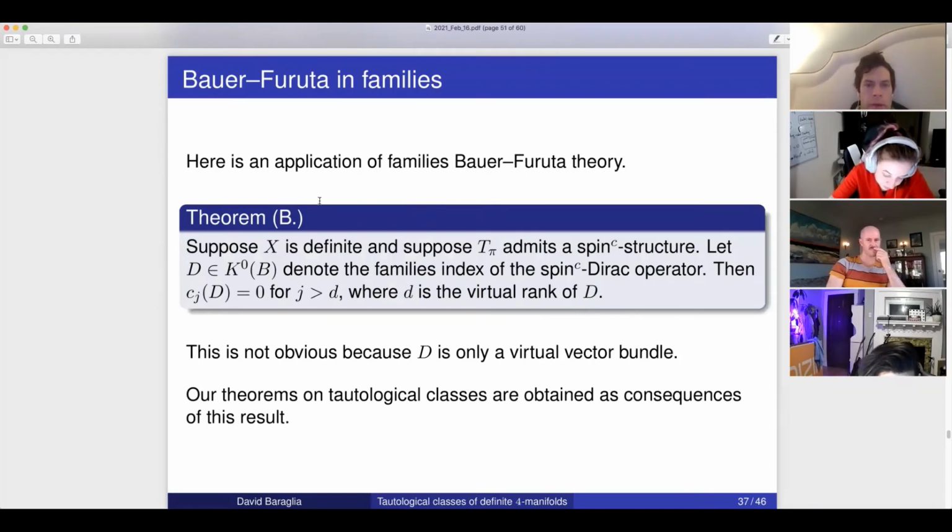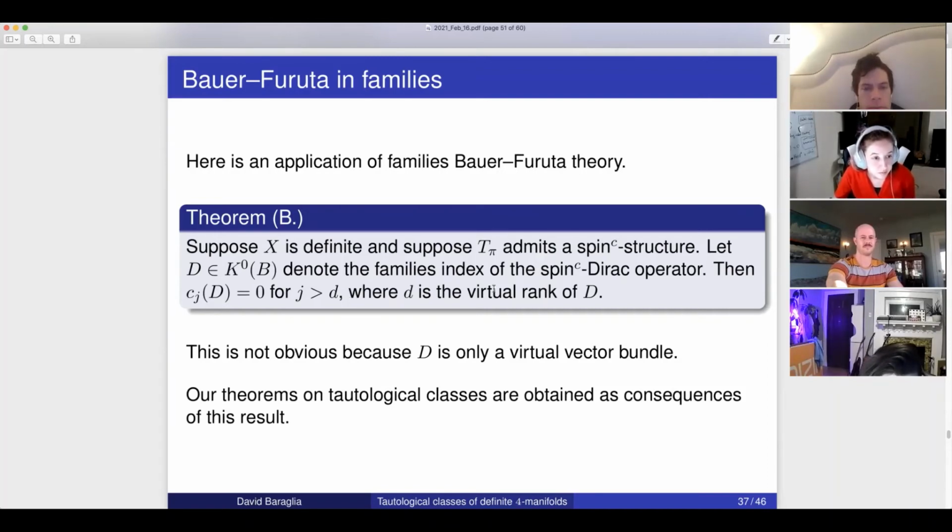So here is one version of this constraint. Suppose your family has a spin-C structure on the fibers. Let D be the family's index of the spin-C Dirac operator, and let d be the rank, or the virtual rank, of D. Then the Chern classes c_j of D vanish for j greater than d.